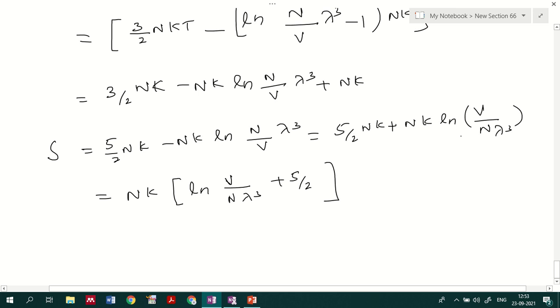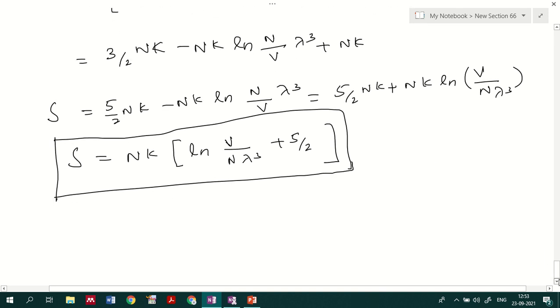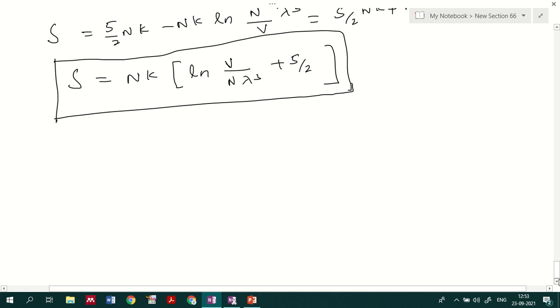Then I take nk outside. So this is our corresponding entropy notation. Once you get the entropy notation, it is very easy to identify the internal energy corresponding to that. So we got the entropy representation: S is equal to nk ln v by n lambda cube plus 5 by 2.